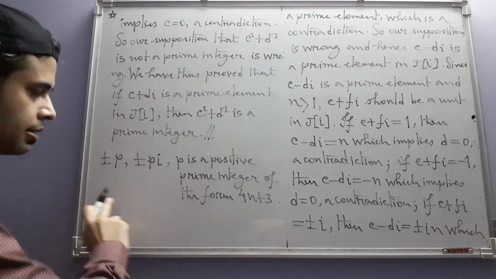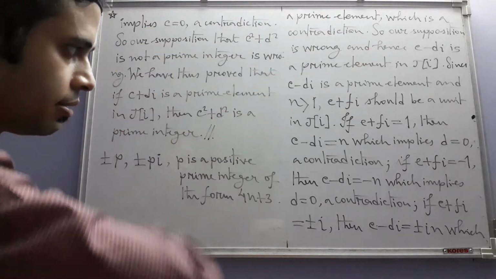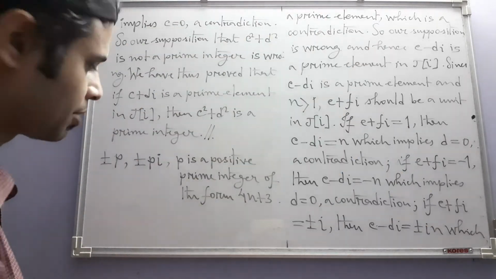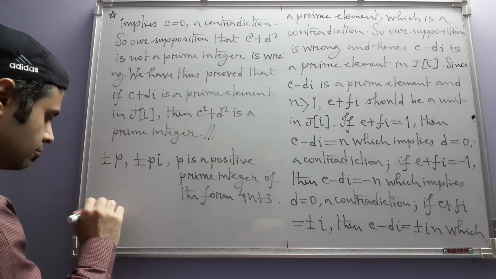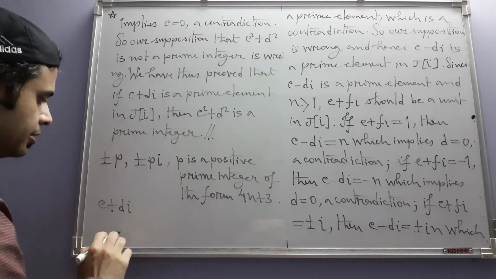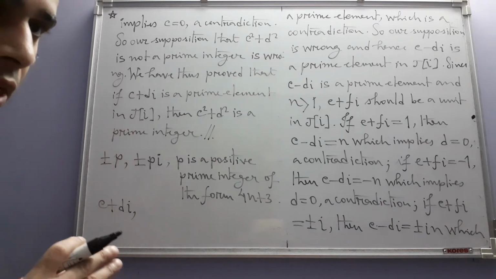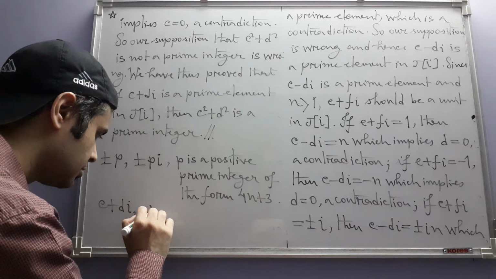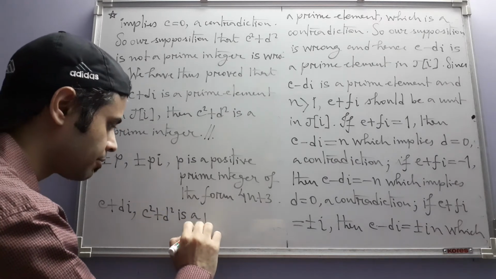So these are things along the real and imaginary axis. In the rest of the complex plane, if we have a Gaussian integer, then it is a prime element if and only if c square plus d square is an ordinary prime integer.